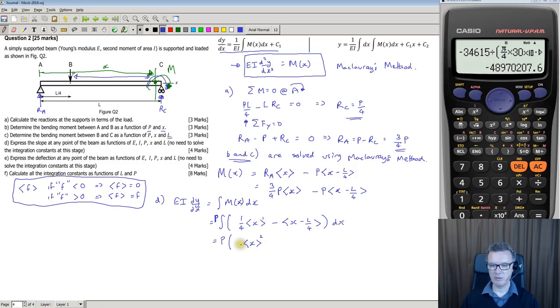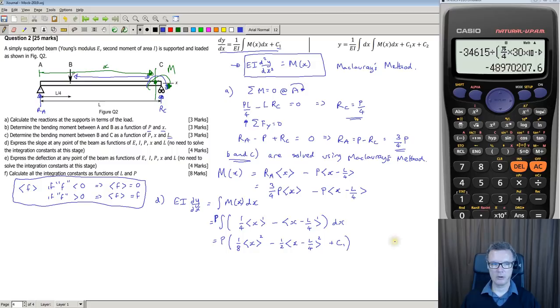So it means I have to divide through by 2, so that becomes 1 over 8. Next one, minus, so we're going to integrate the bracket here. So initially that's to the power 1, so take it to the power 2, so it means we have to divide through by 2. And then we're going to have our first constant, C1. Okay, so that's part D done.